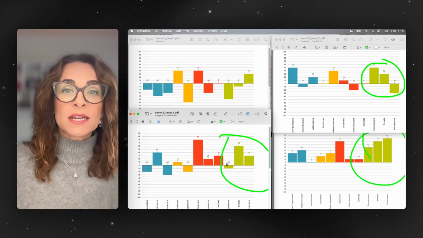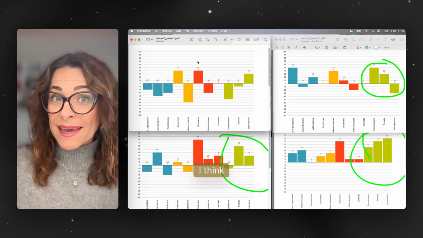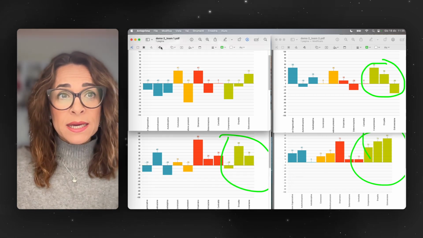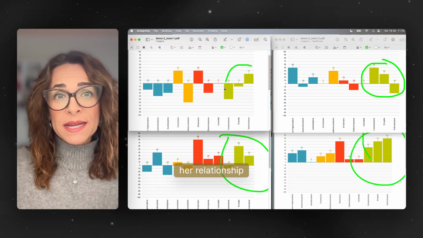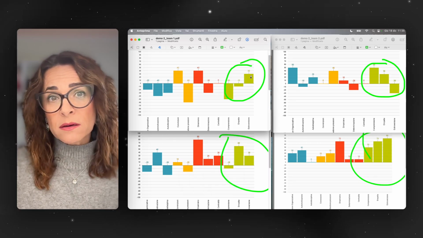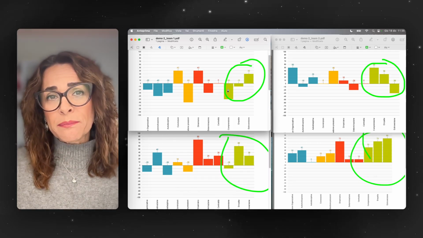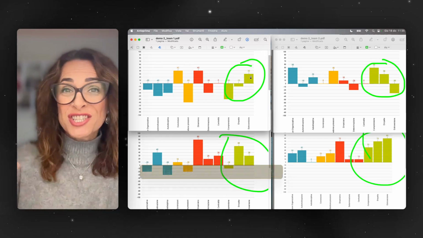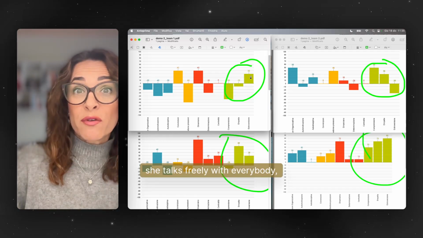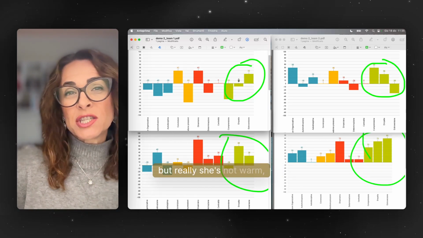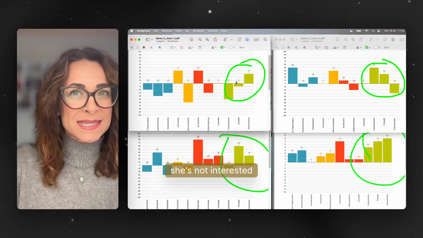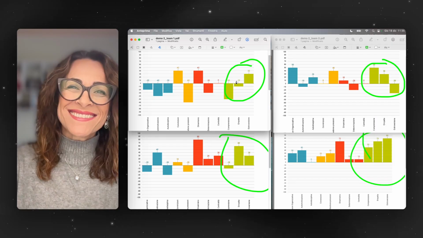staying in that solution-focused conversation. But the problem, I think, comes from team member number 1 up here, because her relationship columns or behavior, she's quite contracted. So yes, she's extroverted. She talks freely with everybody, but really she's not warm. She's not very empathetic. So she's not interested in caring within that relationship.